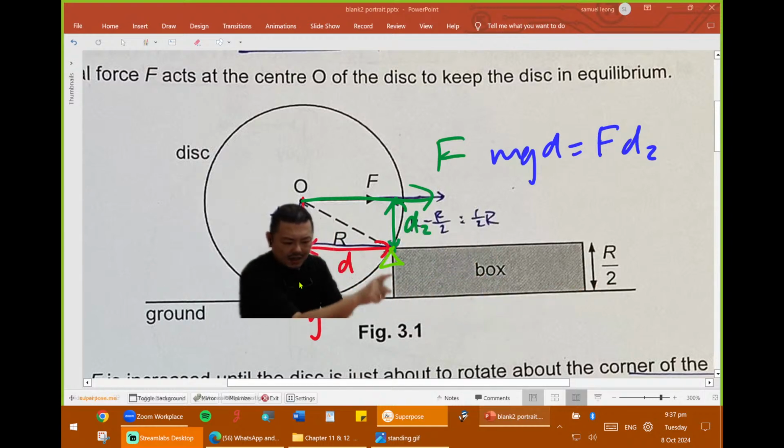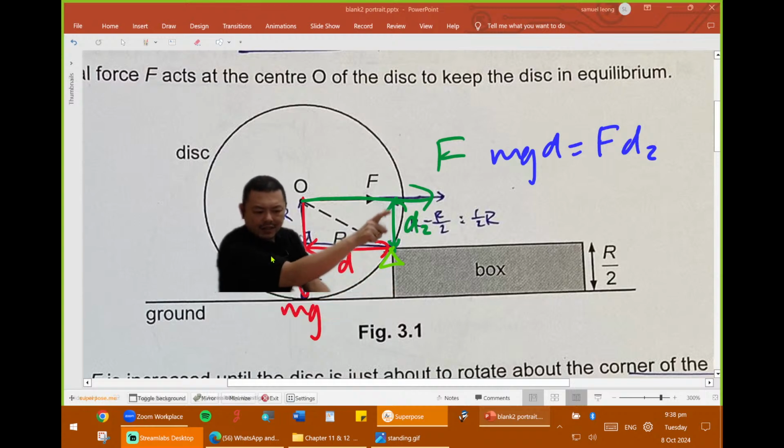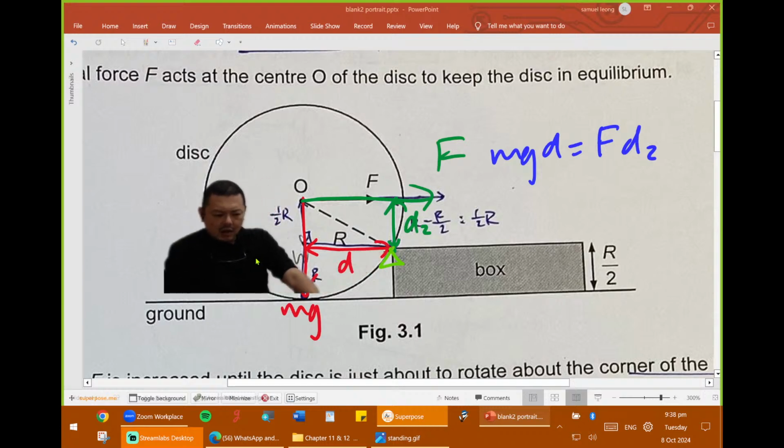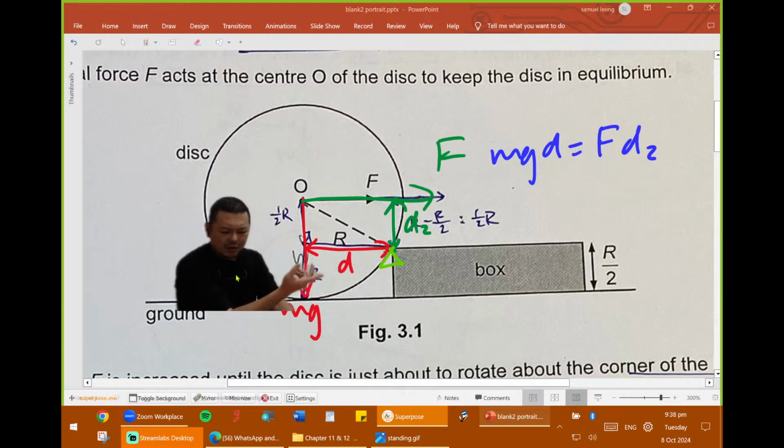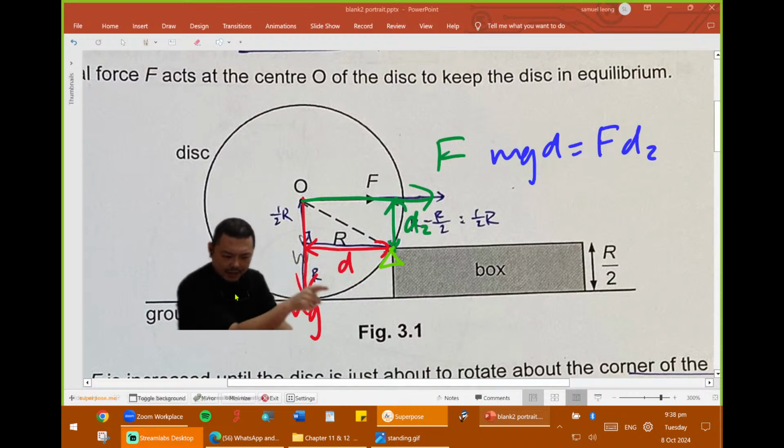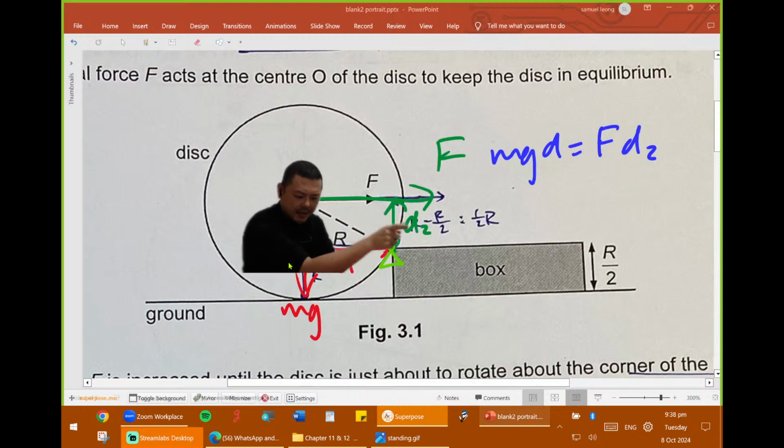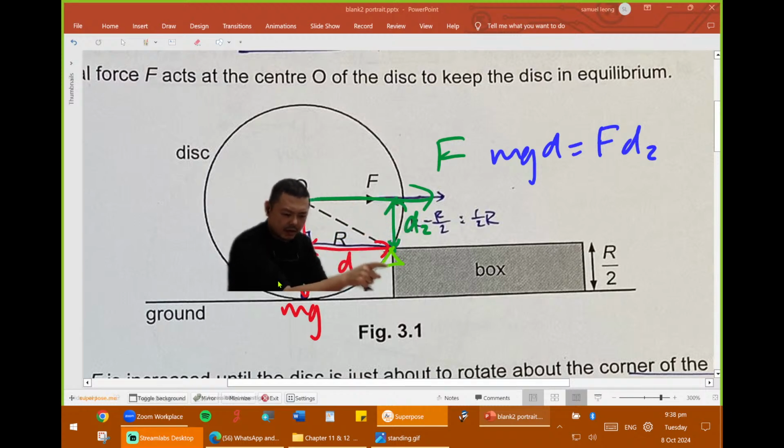So this height here is r over two, and therefore this distance here is r over two. You're supposed to use Pythagoras, not trigo, to find this distance here instead. mg times d is the anti-clockwise moments, and f times d2 is the clockwise moments around this pivot.